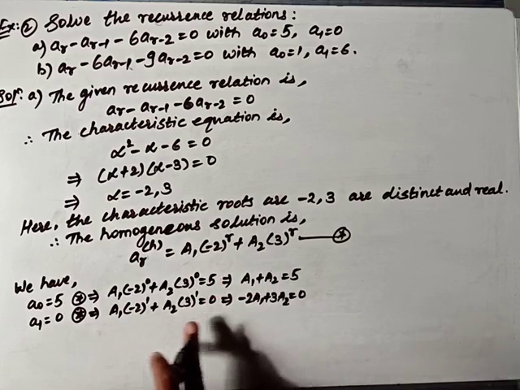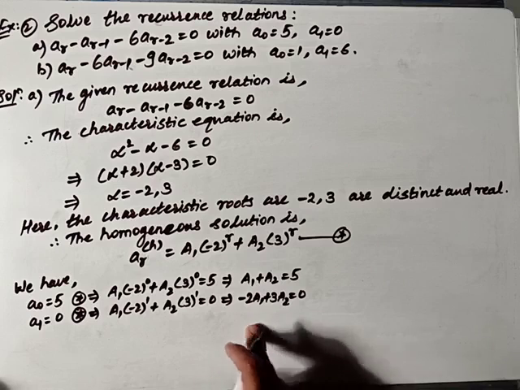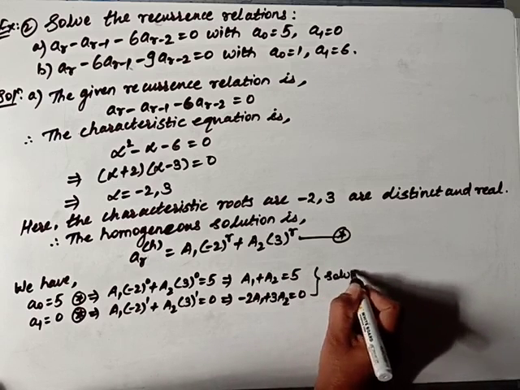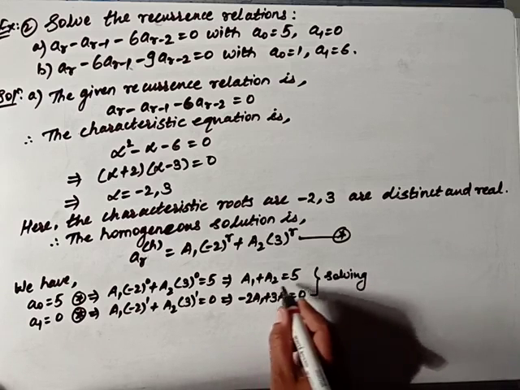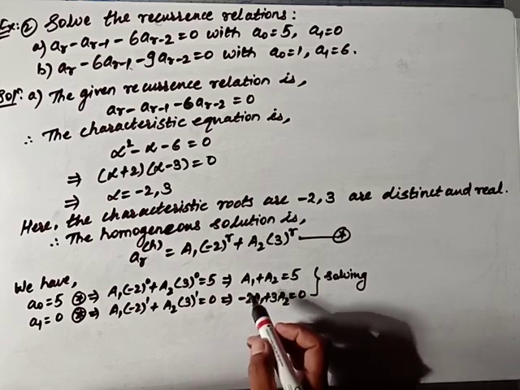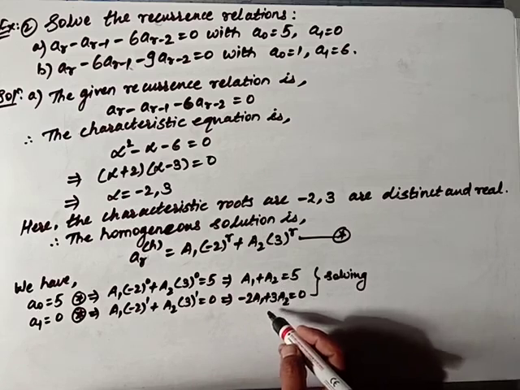Fine. So now solving these, you know how to solve. These are simultaneous linear equations. You have to solve either by elimination method, cross multiplication method, whatever you will use.